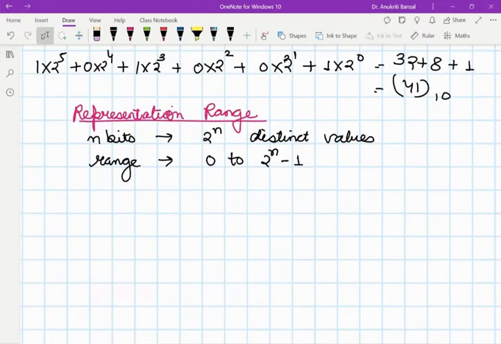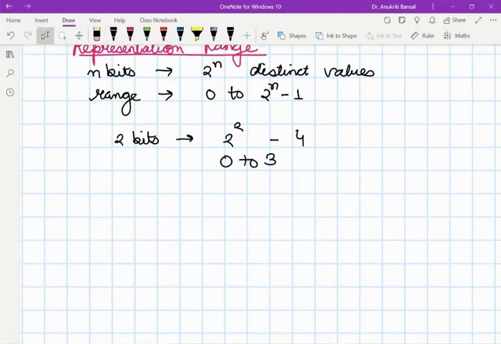So suppose I have 2 bits, how many distinct values I can represent using these 2 bits? I can represent 2 raised to power 2, that is 4. And the range of the numbers which can be represented by these 2 bits is from 0 to 3.